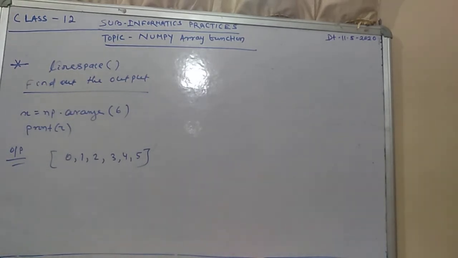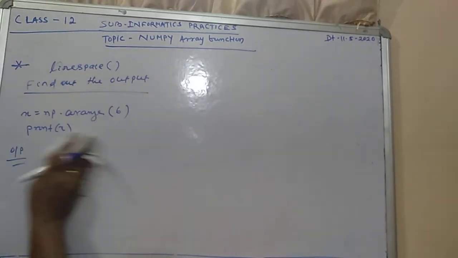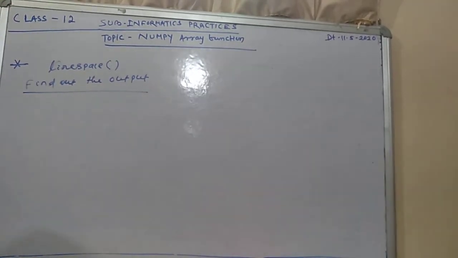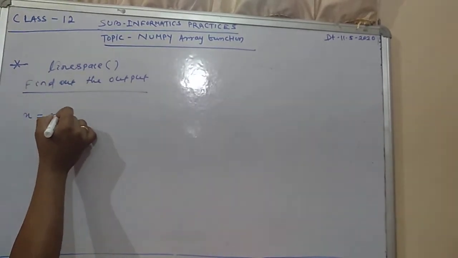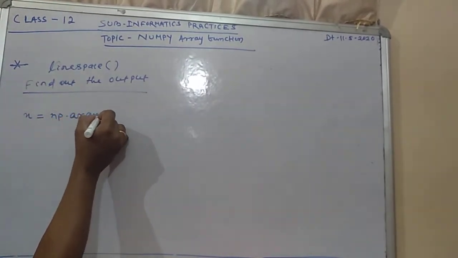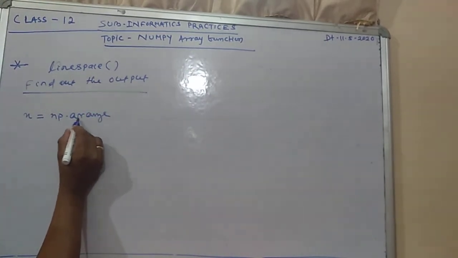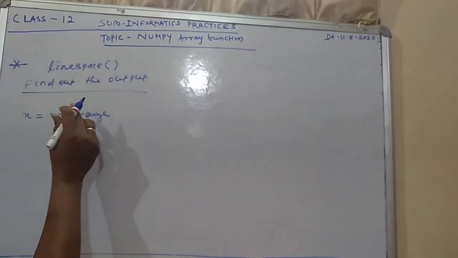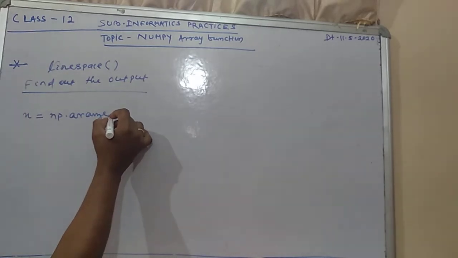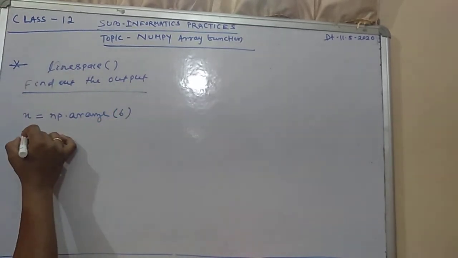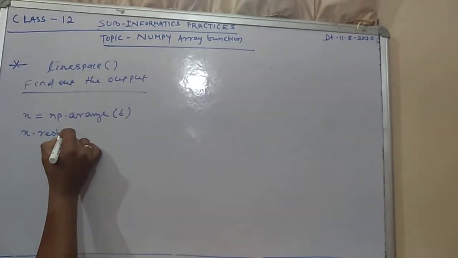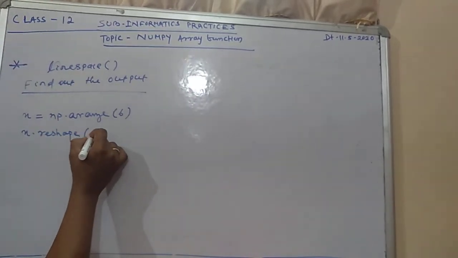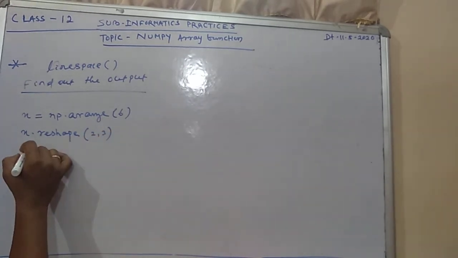Okay, and suppose I change it a little. Next question I have given. Suppose it is given x equal to np.arange(6).reshape(2, 3) and print x.